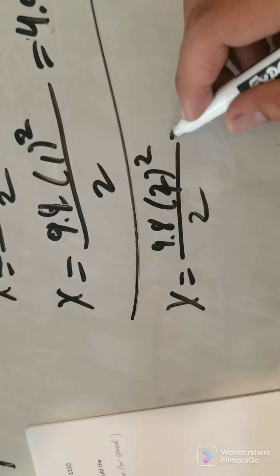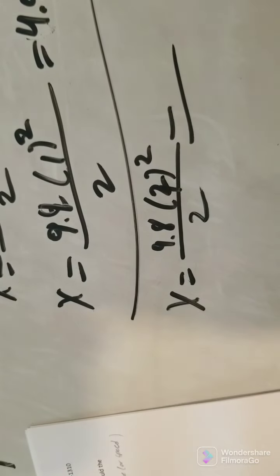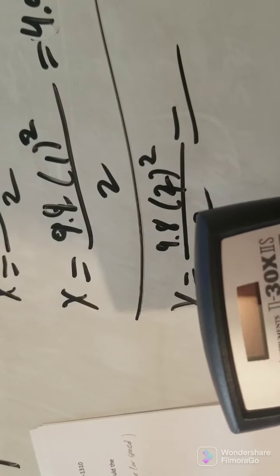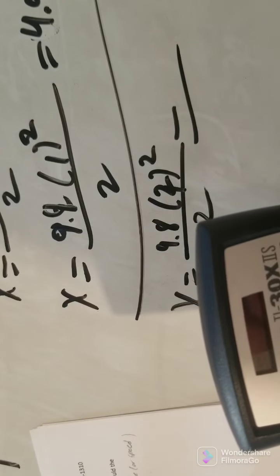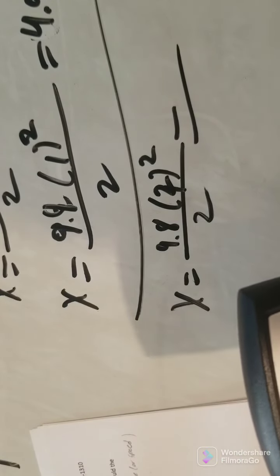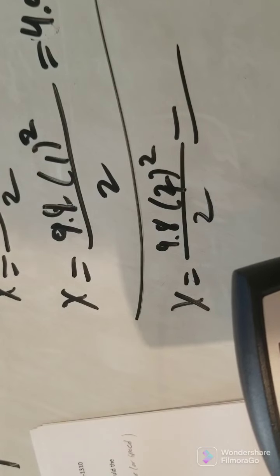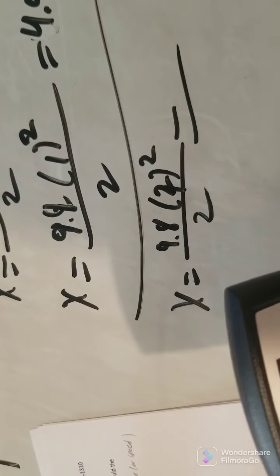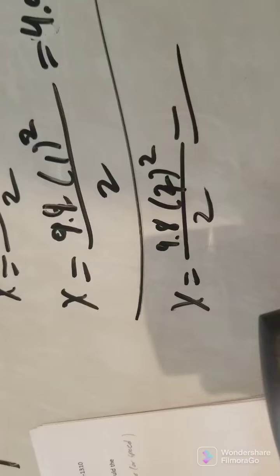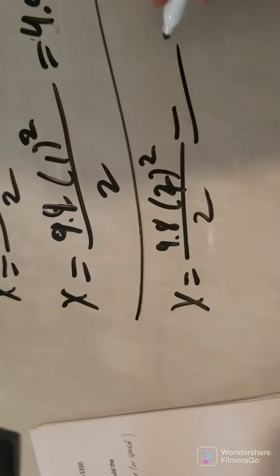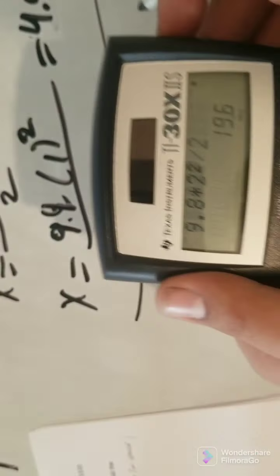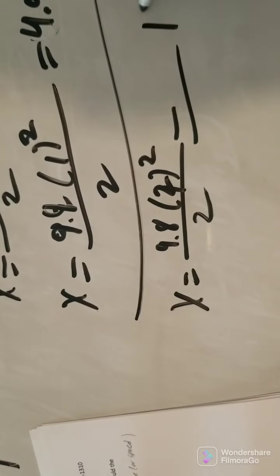So that's 9.8 times 2 squared divided by 2. It's going to be 19.6 meters. That's shown here, it's 19.6 meters.